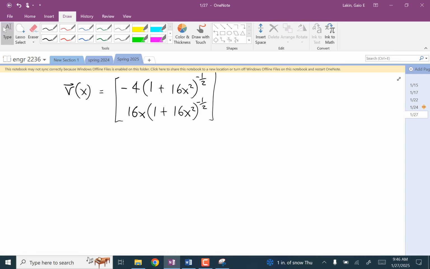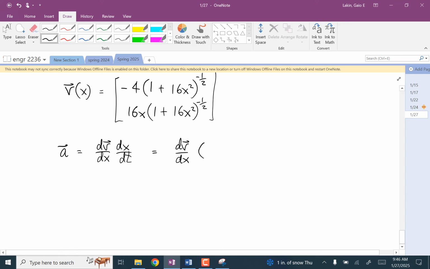Okay, so now how do we get the acceleration? The acceleration is dv/dx times dx/dt. So this is dv/dx times dx/dt, which is the x component of this velocity.